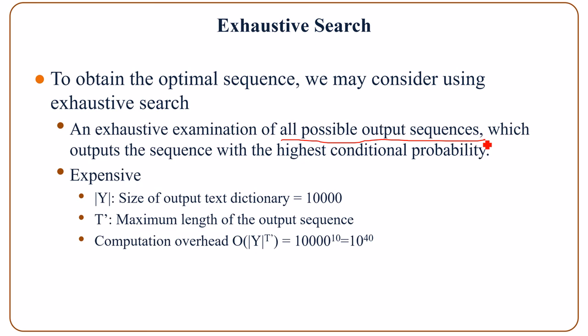This approach is, however, very expensive. Using the same example, we could see that for each possibility at time step t, we have 10,000 possibilities in time step t plus 1. So then the computation overhead is 10,000 to the 10, which is 10 to the 40, which is very, very expensive.